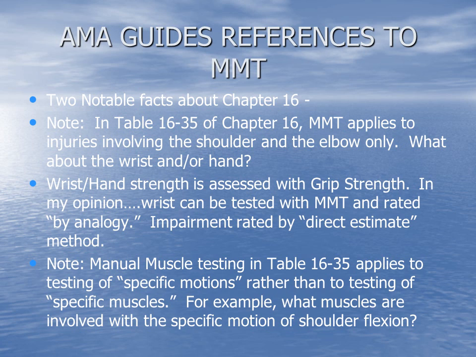Well, the AMA Guides pretty much relies on the findings of grip strength examination to assess for strength losses in the hand. But at least as far as the wrist is concerned, I have used Table 16-35 to rate by analogy before, and it's gone over without objection. Wrist and hand strength is assessed with grip strength, and we use Table 16-35 for the shoulder, the elbow, and even the wrist.